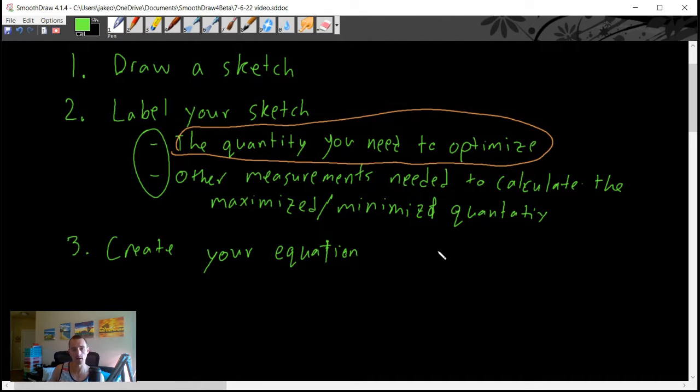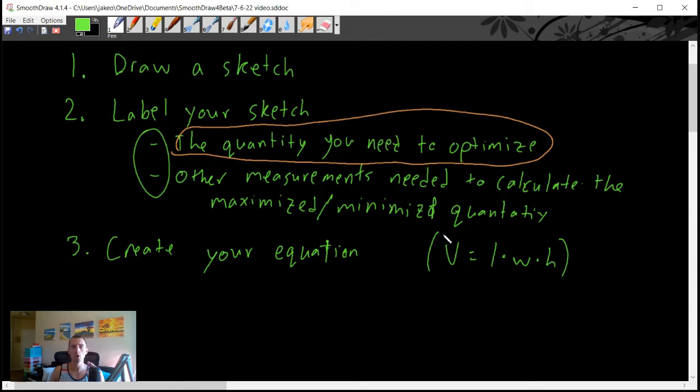So for example, if we're trying to maximize the volume of a box, we would use something like volume equals length times width times height. That's just a possibility. The exact problem that you're trying to solve will give you more clues, but let's just go with this as a vague example.